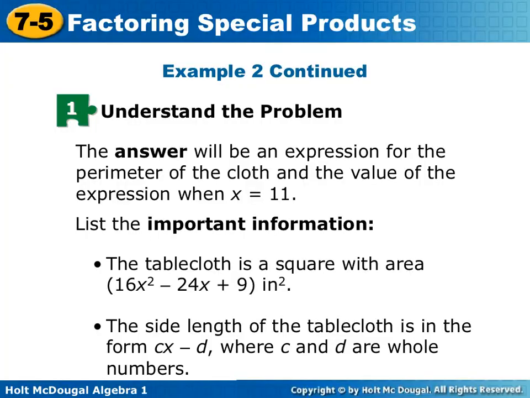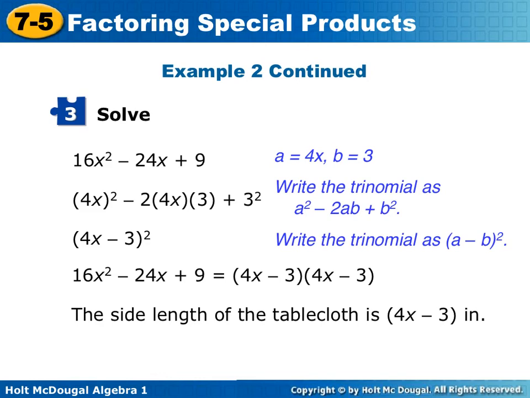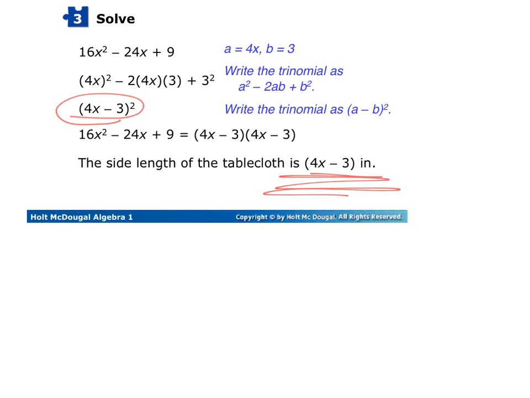Okay, all right, let me show you their work. So here they factored it. Their tablecloth. So let's look at another. And they got what I did. And now this is one side length. Remember, whenever you calculate perimeter, you are going to add up all the sides.